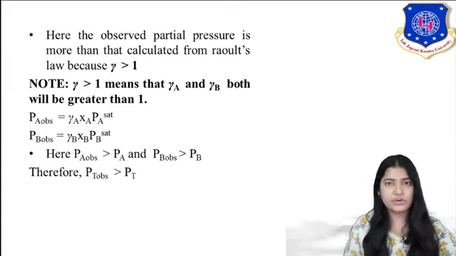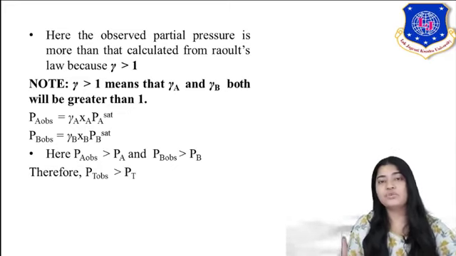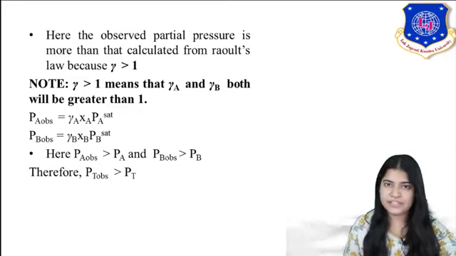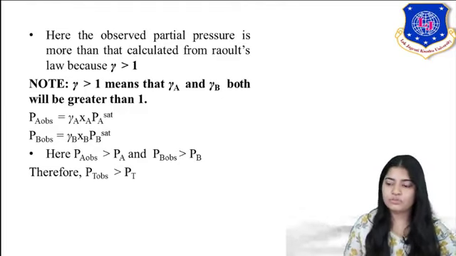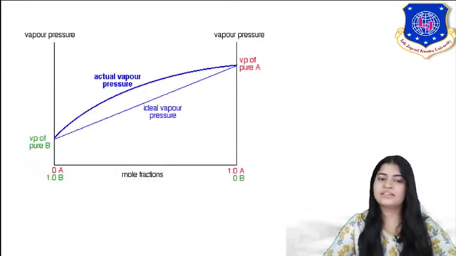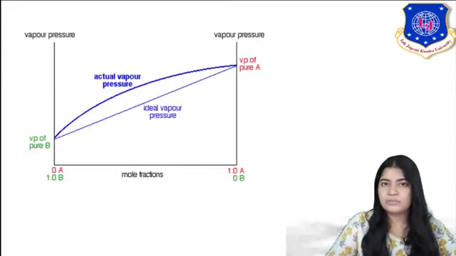Now the important thing to note here is gamma more than 1. It doesn't mean that it is specified for only one component. Gamma more than 1 means this trend is followed by both the more volatile and less volatile component. So this is the simple representation of positive deviation.